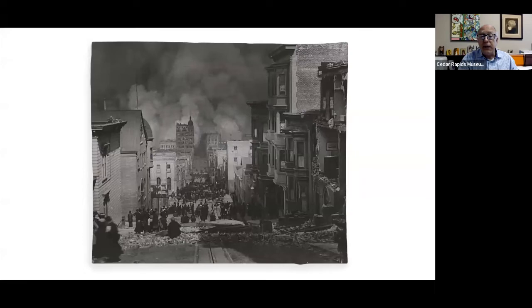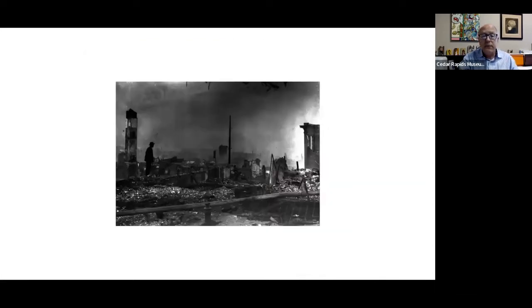And here you see another view of the same photograph, but this time cropped. And he was there with his camera capturing this imagery and the aftermath of the 1906 San Francisco earthquake, which not only did damage to the buildings, but started fires which really wiped out the city totally.